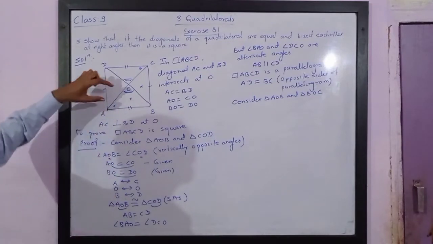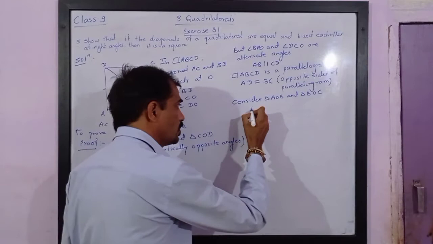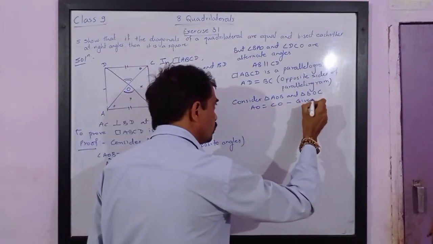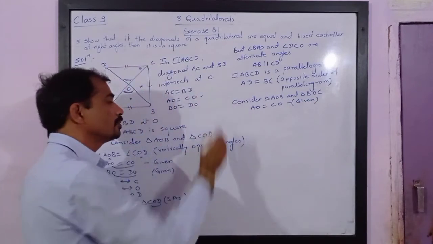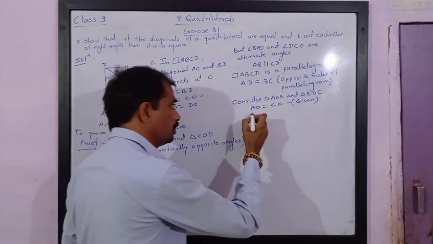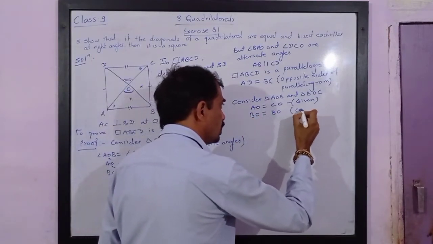Please note, in this AO equals CO. This is given to us. Then BO equals BO, common side.